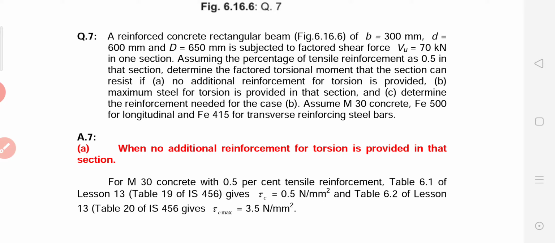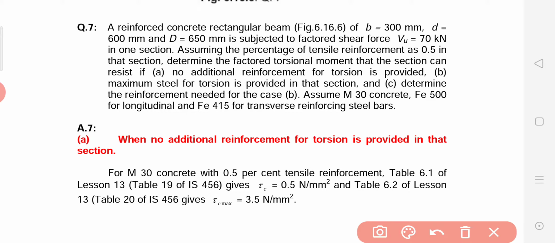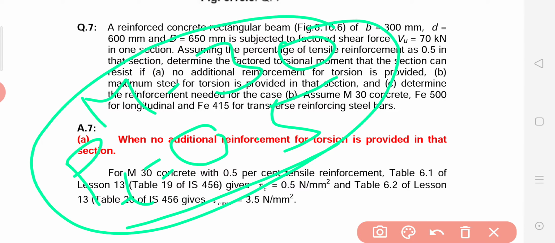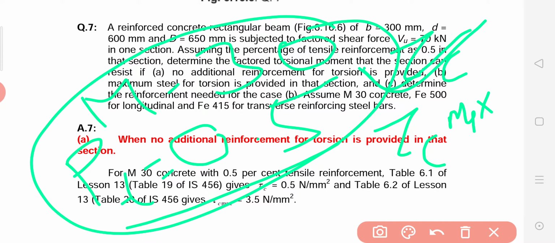So according to the grade of concrete and percentage of steel, and the percentage tensile reinforcement, denoted by PT, which is 0.5, we find the value of tau c and tau c maximum from table number 19 and table number 20 of Indian Standard Code 456/2000.